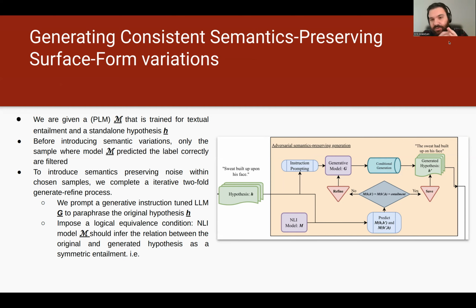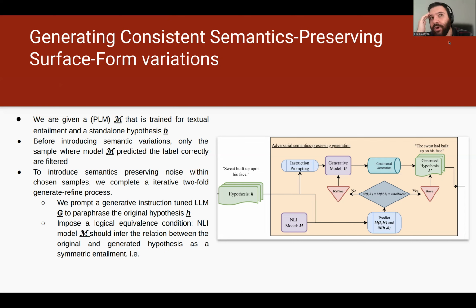In order to introduce these semantic surface form variations, we use a large language model G, and we ask it to paraphrase minimally over the original hypothesis H. In and of itself, this is definitely not enough, and this is prone to be a faulty way, because first of all, we have no way to evaluate if the sentence is actually logically equivalent, if there are hallucinations in the new sentence, and so on and so forth.